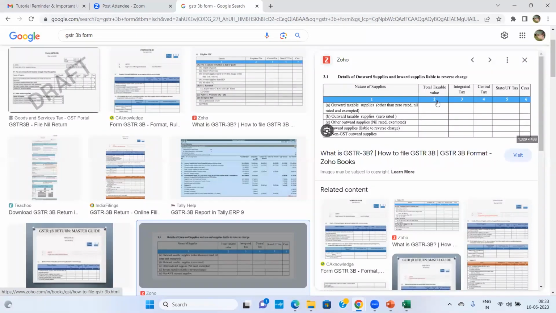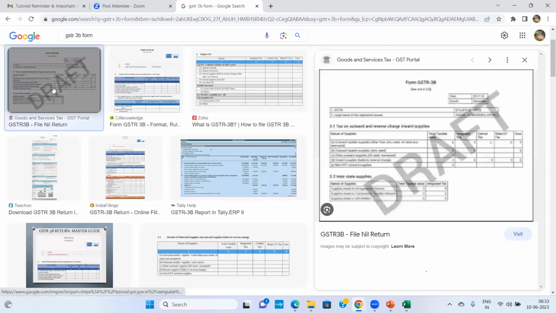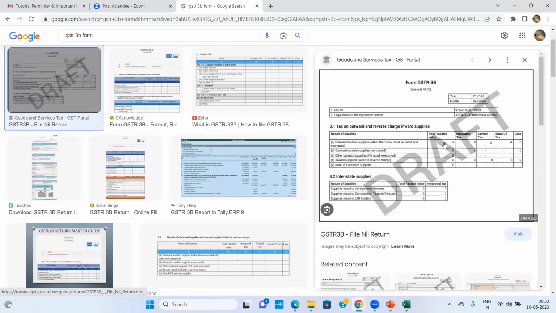Read this one: total taxable value, integrated tax, CGST, SGST. So total taxable value is the sales portion.